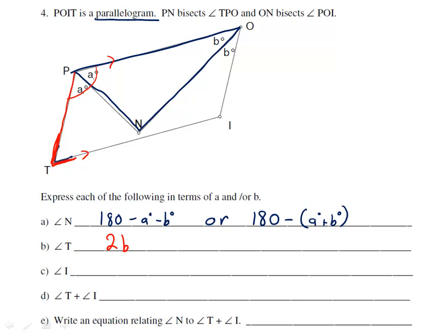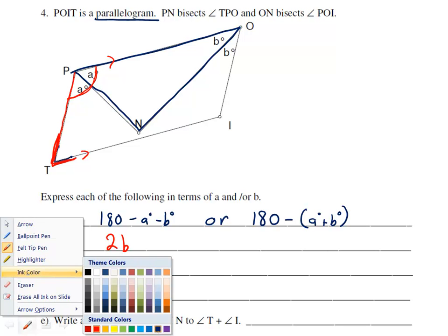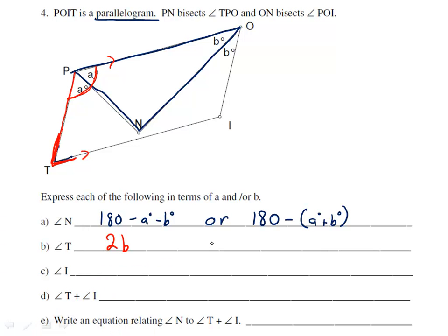So that means that parallel lines create supplementary interior angles on the same side of the transversal. So since this angle here, 2A, has to add up to 180 with angle T, we could also express this as 180 minus 2A. So angle T plus 2A equals 180, therefore angle T equals 180 minus 2A.